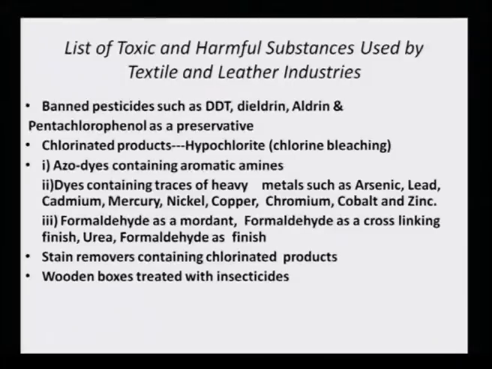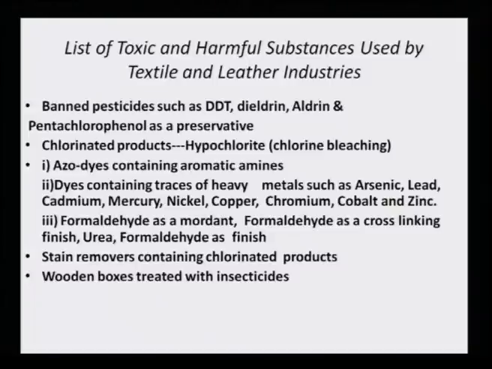List of toxic and harmful substances used by textile and leather industries. They use banned pesticides such as DDT, dieldrin, aldrin and pentachlorophenol as preservative. They also use chlorinated products like hypochlorite for chlorine bleaching.